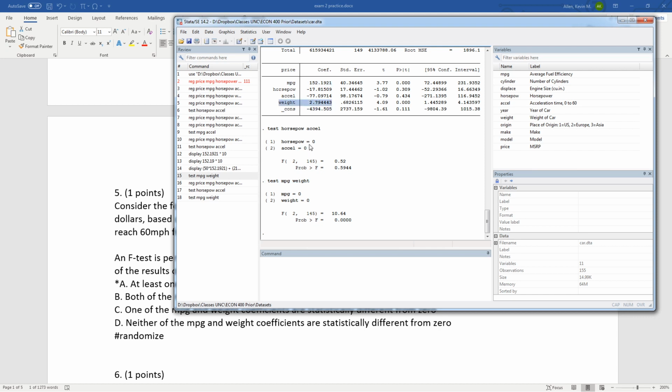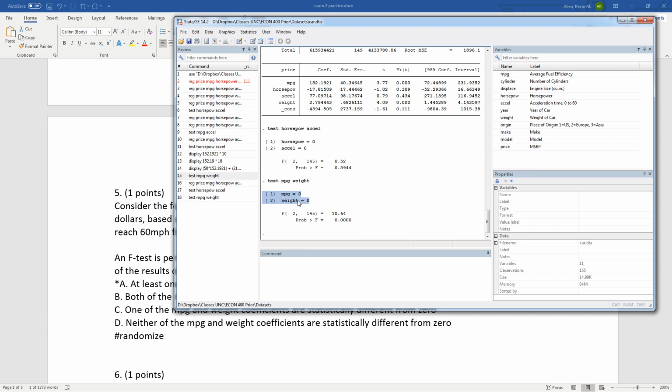Now, we have no reason to suspect that either of those things are true, because both of these are highly statistically significant on their own. But the point of this question is, we look at the p-value, it's basically 0, it's highly significant, certainly significant at the 1% level, it is smaller than 0.01, and therefore we can reject this null.